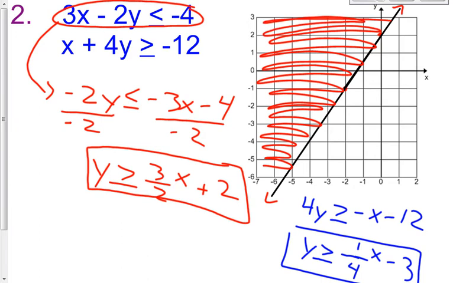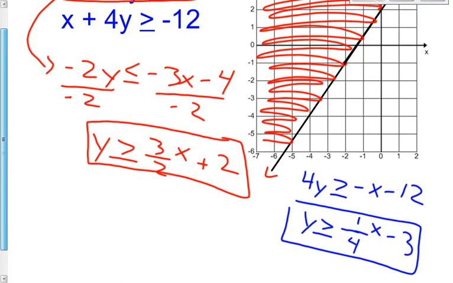So now my blue one: negative 3 is my y-intercept, and then a slope of negative 1/4. So down 1, right 4, which once again goes off my graph. That's the same thing as going left 4, up 1. Left 1, 2, 3, 4, up 1.